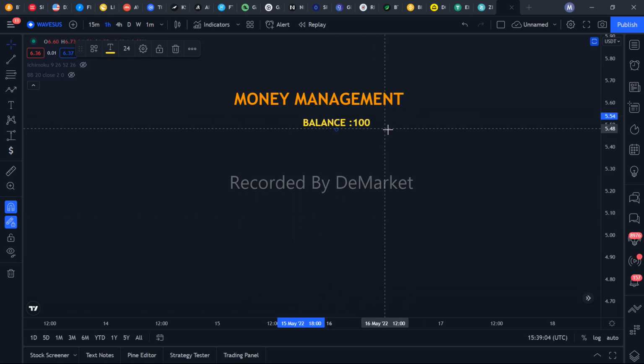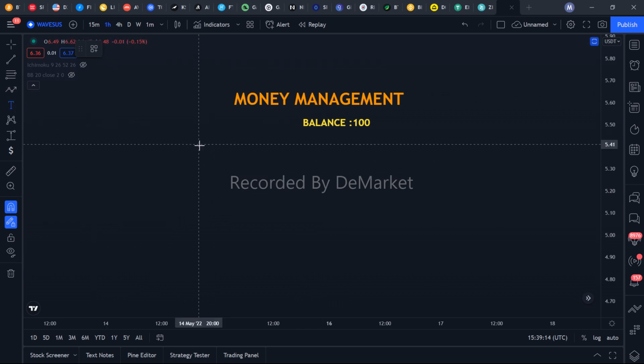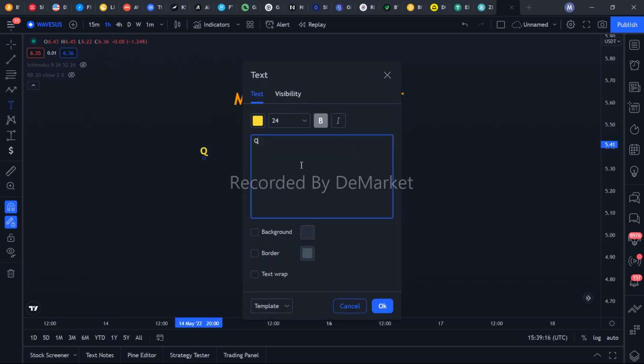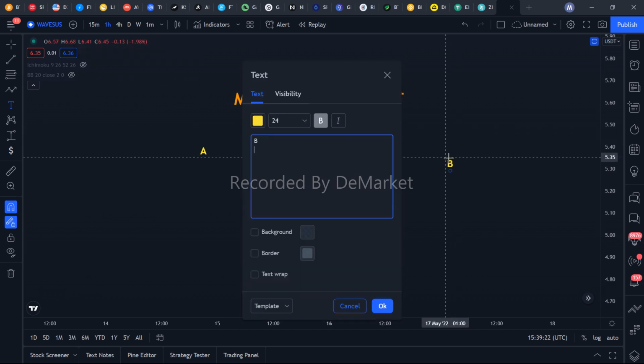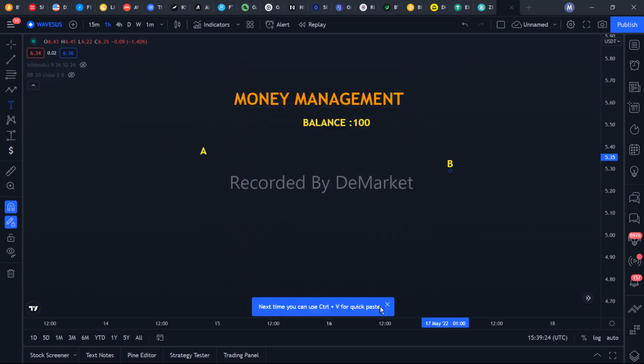So now, as a trader, you want to place a trade. Let's assume we have two traders, A and B. Do you understand? Trader A, and we have trader B. So when trader A wants to place a trade, trader A places $20 per trade.